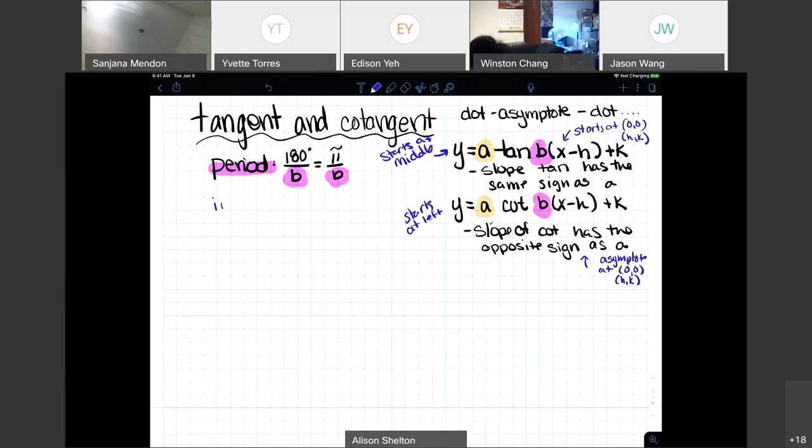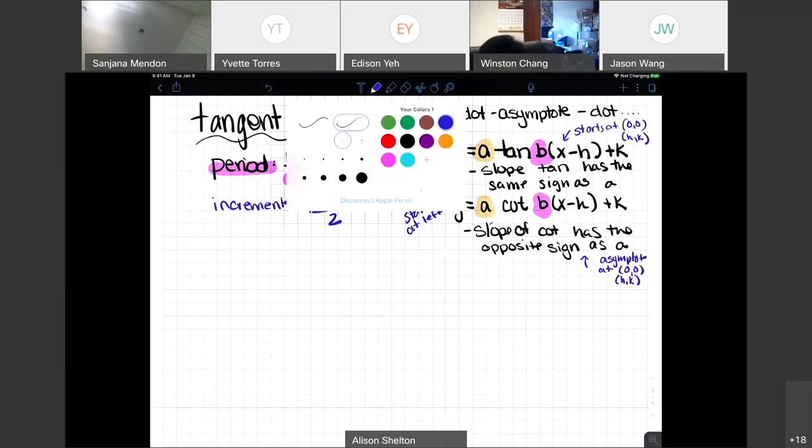To find the increments, because we halved the period, the increments are now at a period divided by 2, because we've already halved it once. We only need to half it one more time. So we've cut the period in half because it's tangent and cotangent. So the increments are period divided by 2.